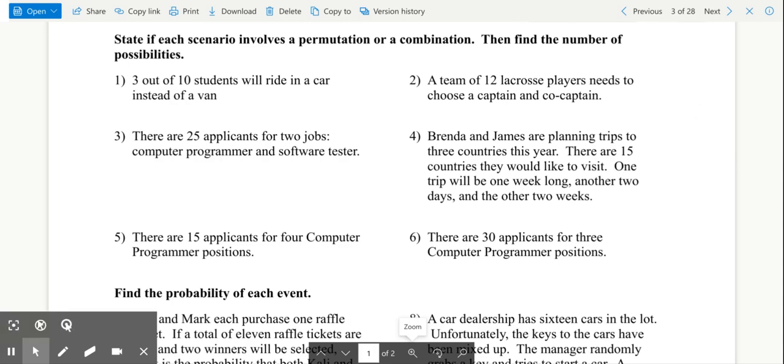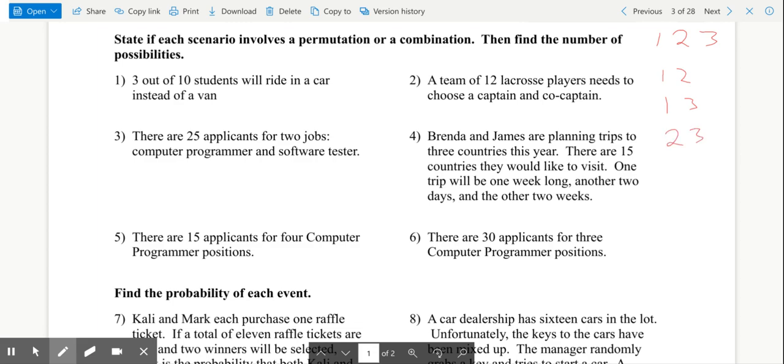The numbers available to me are 1, 2, and 3. I can only use each of them once. Think of them as objects: object 1, object 2, object 3. Well, I have 1 and 2, I have 1 and 3, I have 2 and 3. That's it. Those are all the combinations of those 3 numbers that I have.